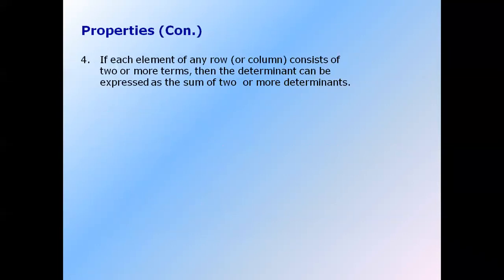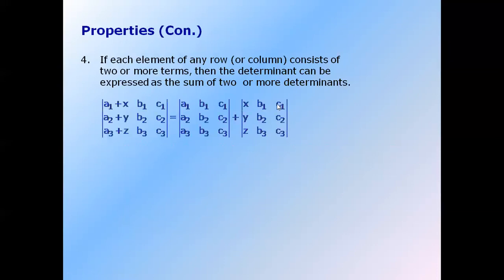Next property, if each element of any row or column consists of two or more terms, then the determinant can be expressed as the sum of two or more determinants. You can see here an example of this property: a1 plus x, b1, c1, a2 plus y, b2, c2, a3 plus z, b3, c3.